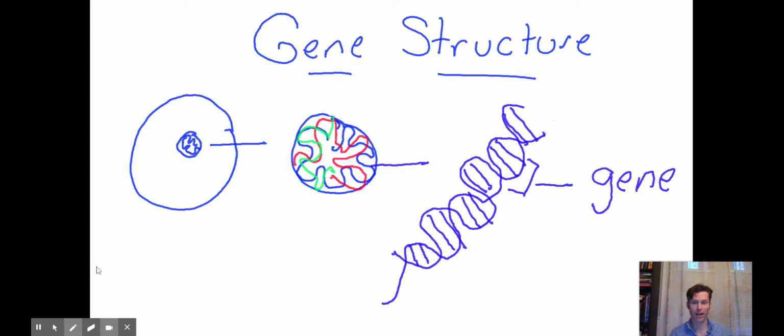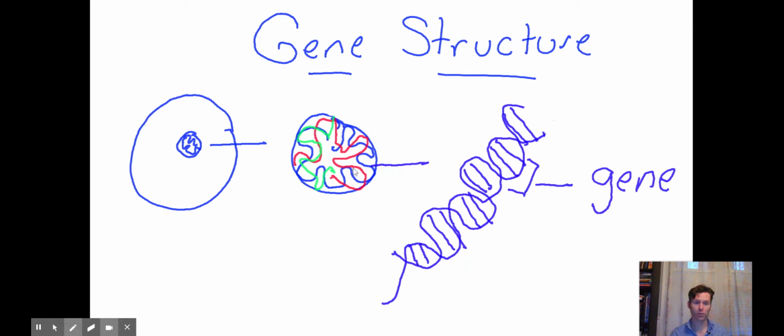If you recall from the last video, these chromosomes are lined with circular ball-shaped proteins called histones that give them their bends and regulate how tightly coiled they are. And they are anchored to the nuclear envelope in certain specific spaces. So they have little physical addresses where you can always find them.